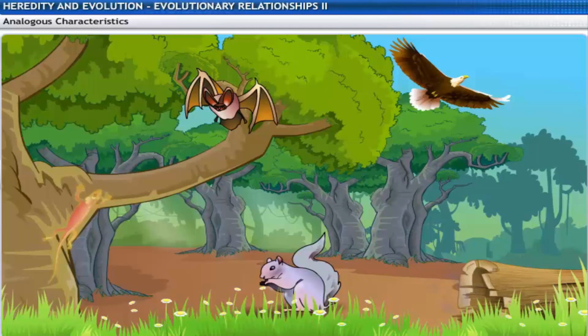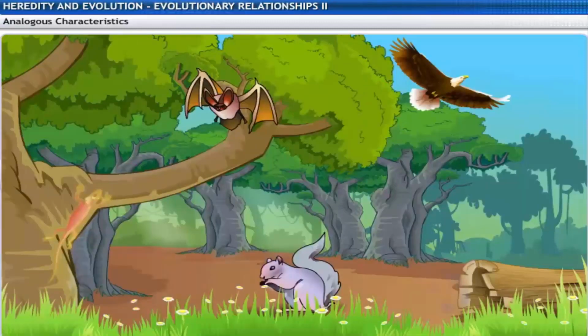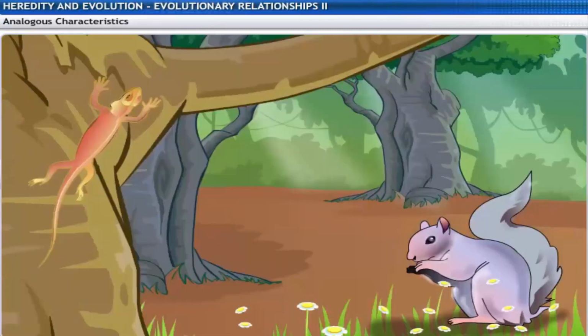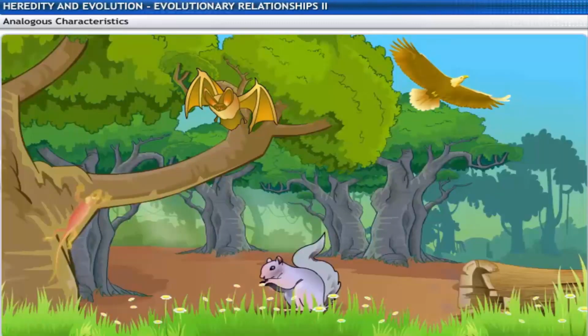Let's consider the example of bats and birds. These 2 animals have wings, but if you take an example of squirrels and lizards, they do not have wings. From this, we can conclude that birds and bats are more closely related to each other when compared to squirrels and lizards.